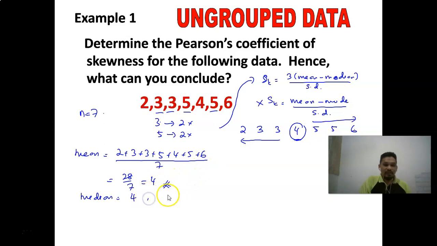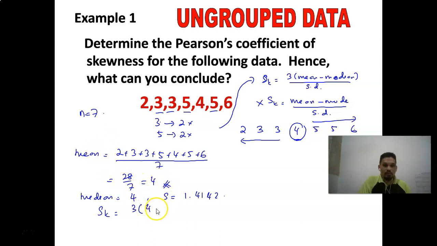Okay, and find the standard deviation where s equal to 1.4142. So then the Pearson coefficient of skewness equal to 3 times (mean minus median) divided by standard deviation.